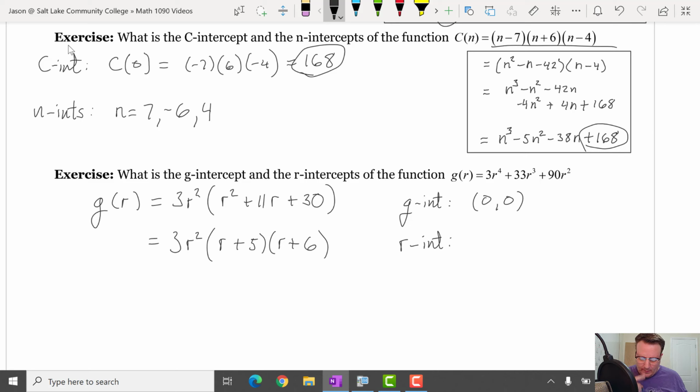Well, we have r equals 0, or -5, or -6. So the points on the graph will be, here the y values will all be 0, so we'll get 0, 0, and -5, 0, and -6, 0. Those are our intercepts.